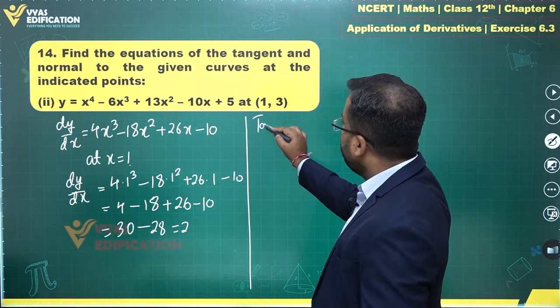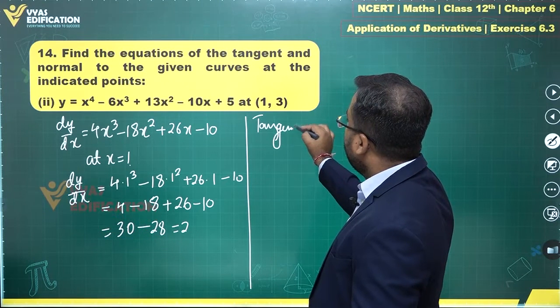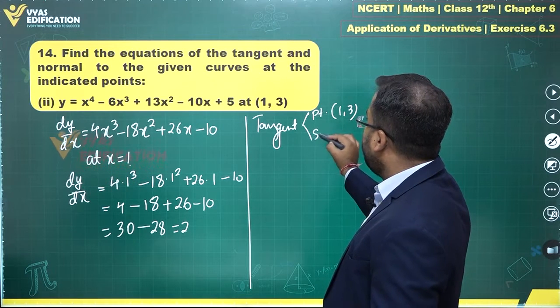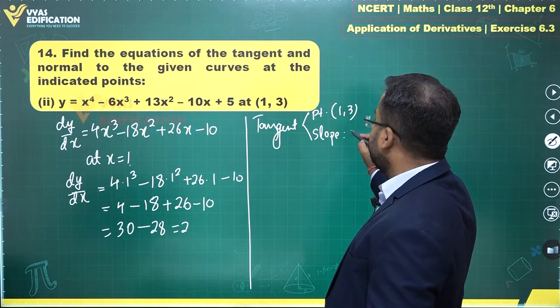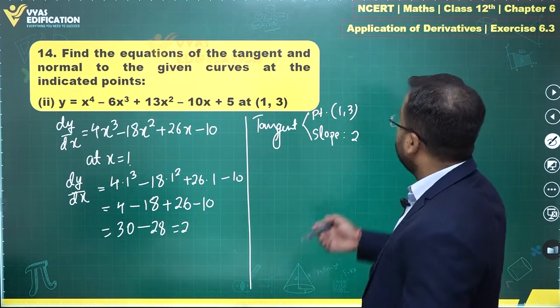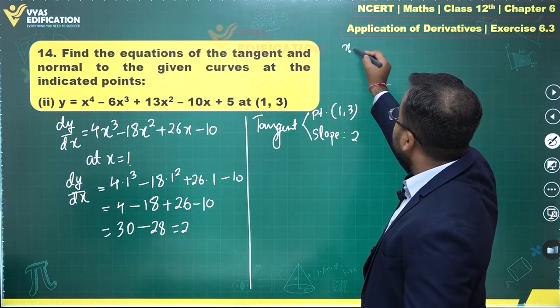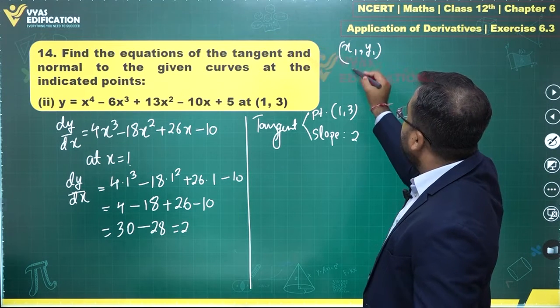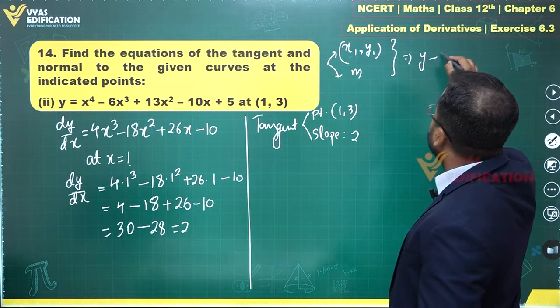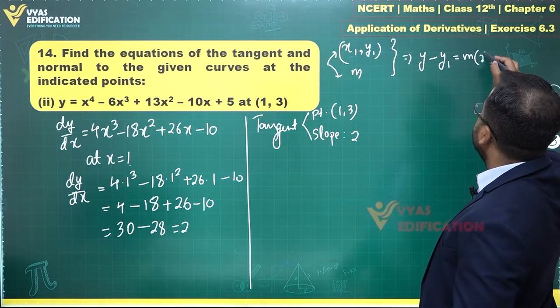So for tangent, what do we know? For tangent, we know two things. What are those? Point (1, 3) is known and the slope is known. Slope is 2. Equation of any line passing through (x1, y1) and having slope m is nothing but y minus y1 is equal to m times (x minus x1).